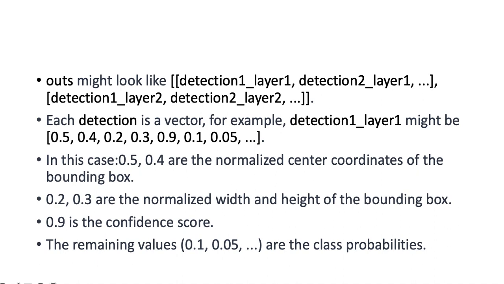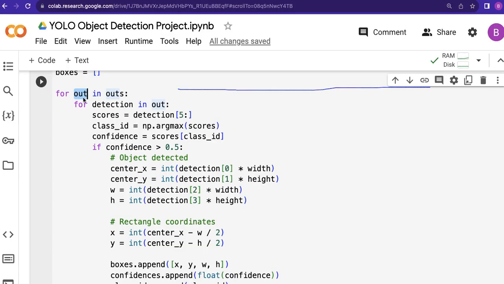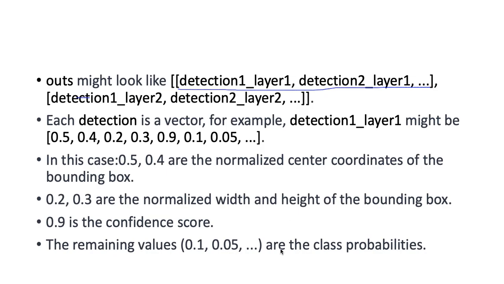What value? This value. Out is now this. After out takes this value, which is a list itself containing the detected objects, this is the first object detected, this is the second object, and so on and so forth.